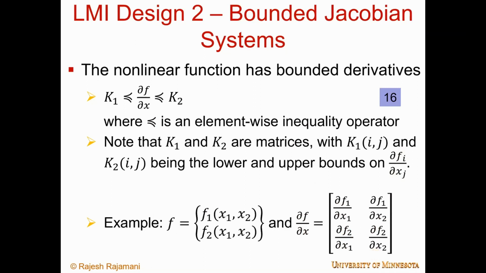Each of these functions is bounded by K1 i,j and K2 i,j. Each of these has an upper and a lower bound, and this is the element-wise inequality that is being satisfied here.